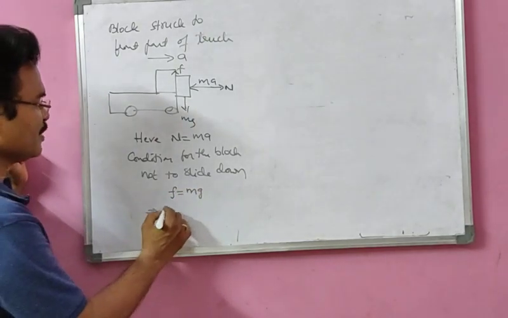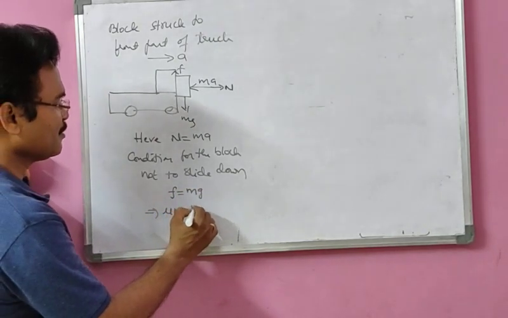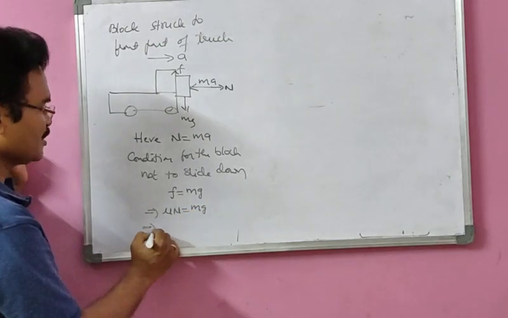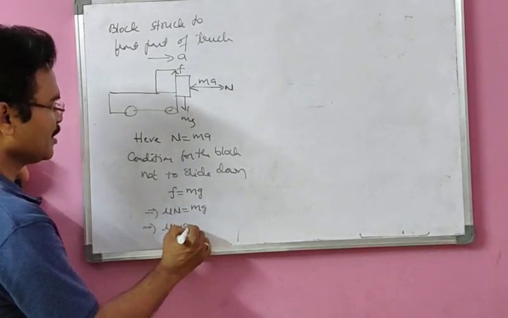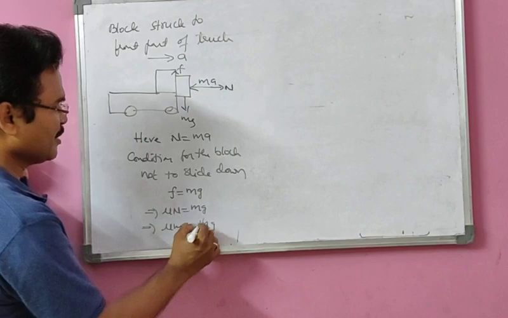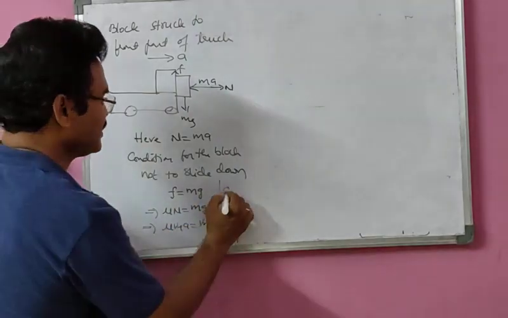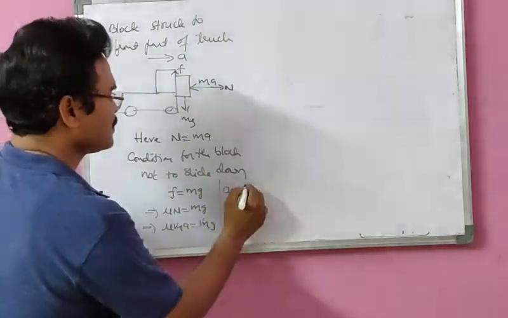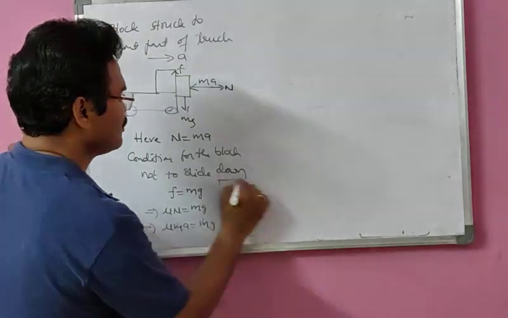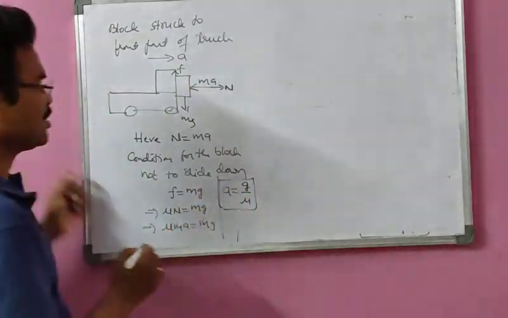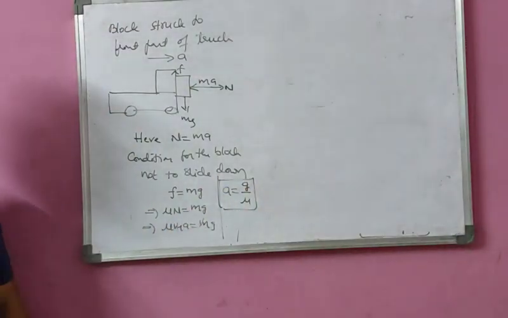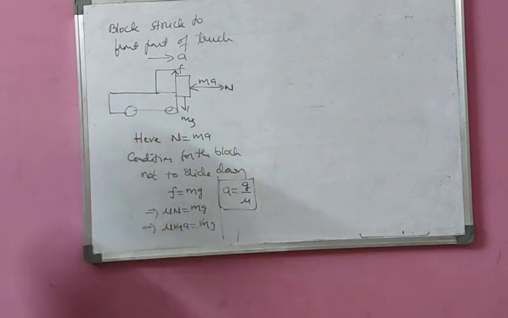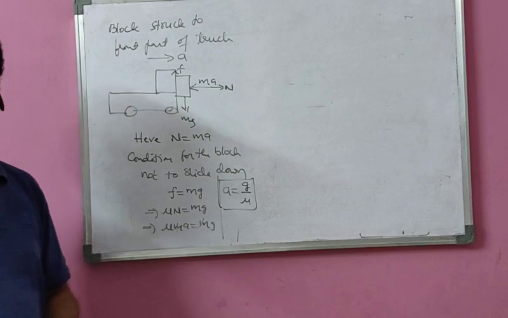You know F equals mu N, which equals mg. N is ma, so mu ma equals mg. Cancel, we get a equals g by mu. So this is the minimum acceleration of the truck required so that the block which is stuck on the front part will not slide down.